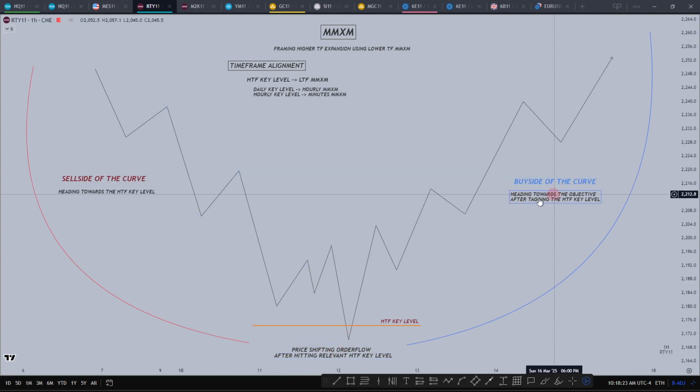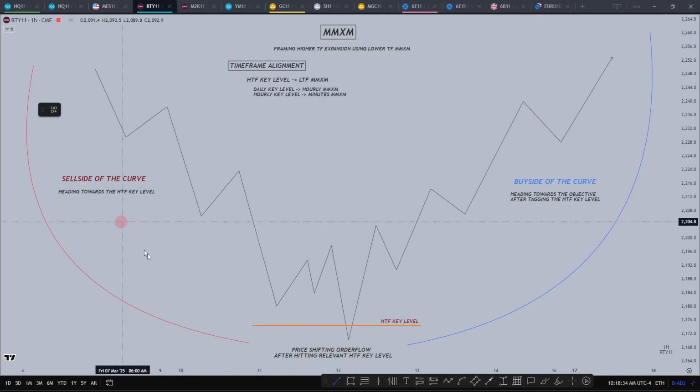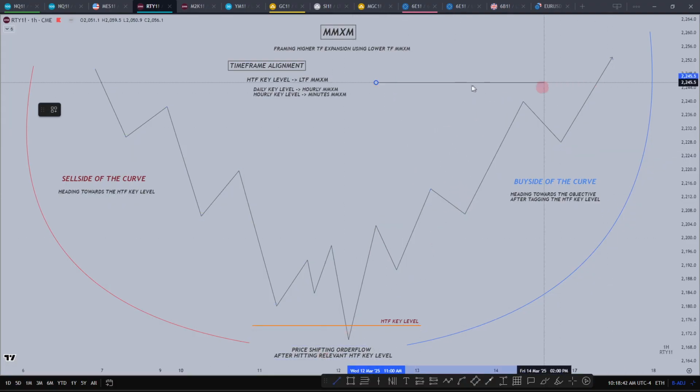Buy side of the curve heading towards the objective after taking the relevant key level. This is buy side heading towards buy side. This is sell side heading towards sell side, heading lower towards any sell side liquidity resting here. This is buy side of the curve heading towards the buy side liquidity.